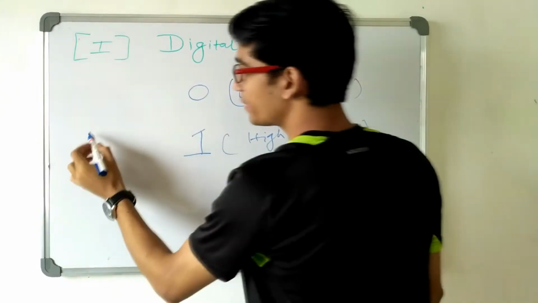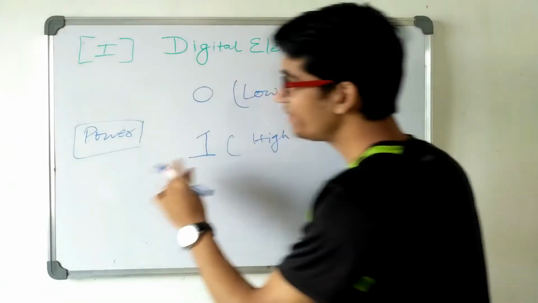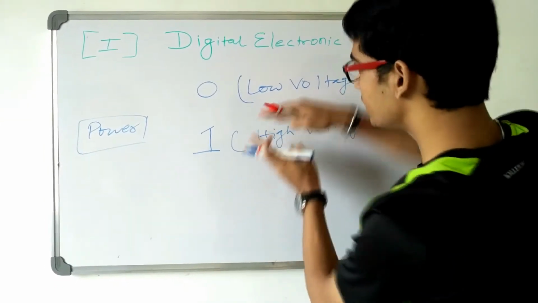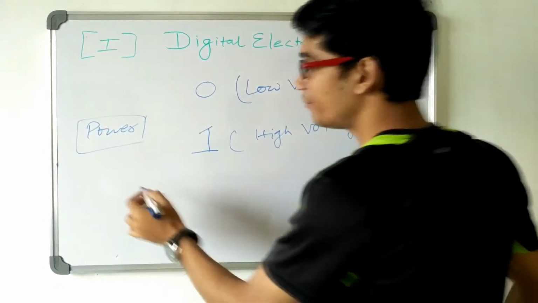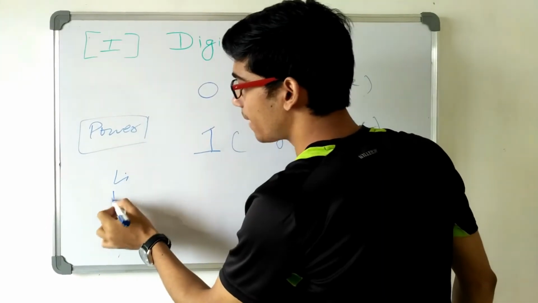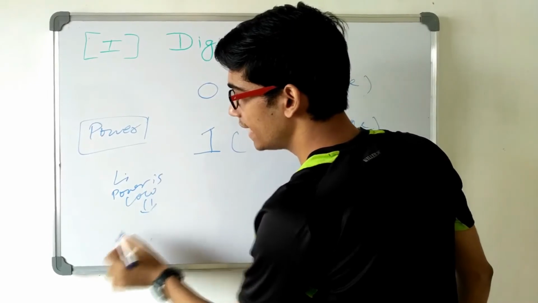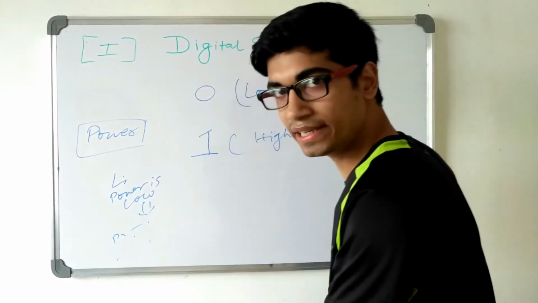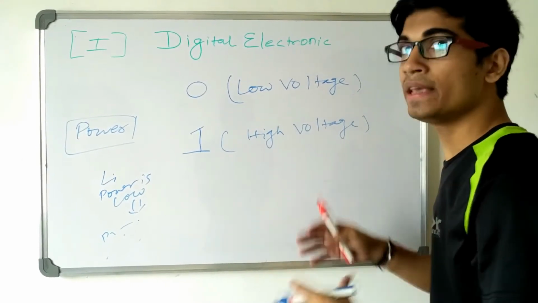See how beautiful it is, how it is designed. Our computer runs on power. So how can we differentiate powers using low voltage or high voltage? If the light or power is low, it will mean something, and if power is high, it will mean something different. This is the whole way the computer understands.